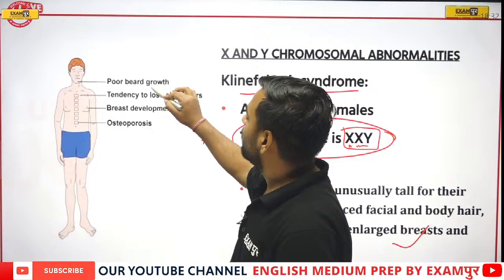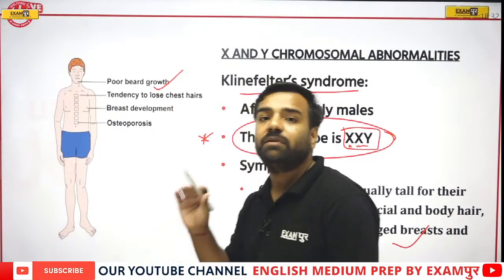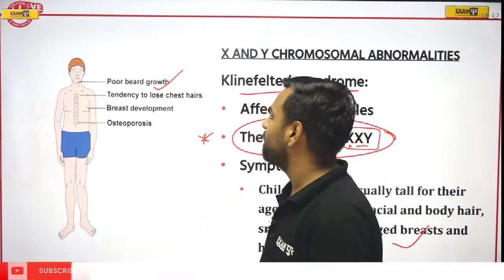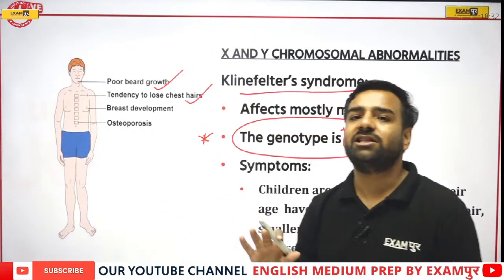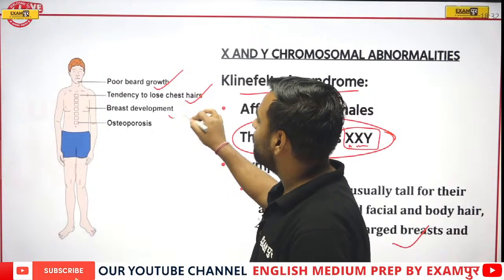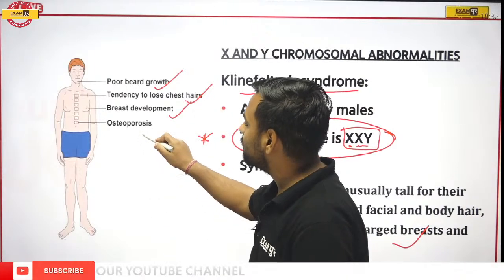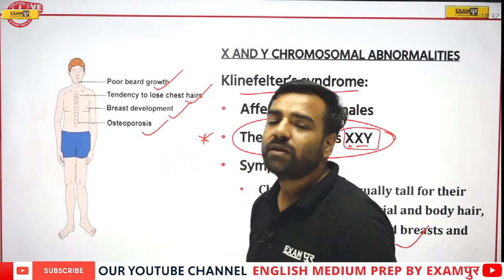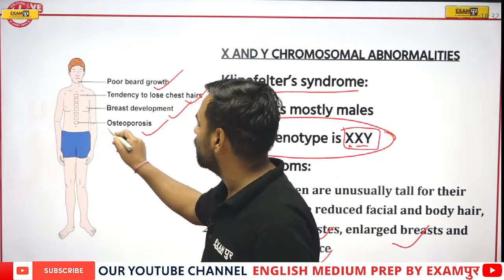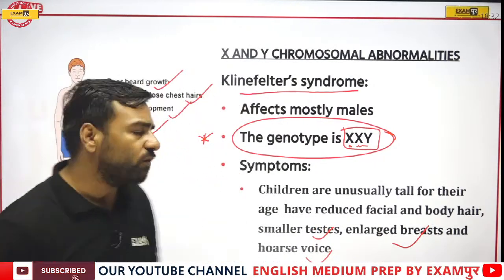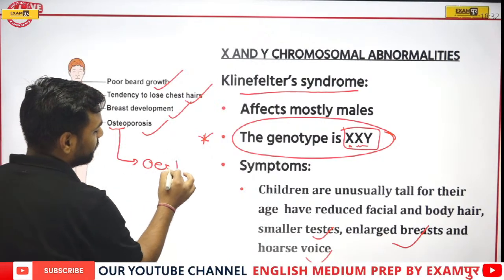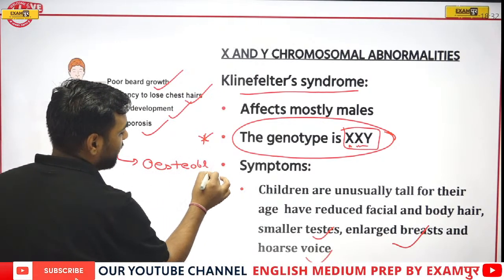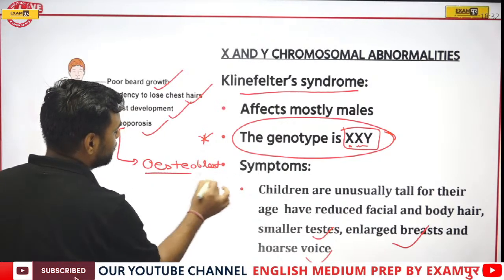Just have a look. Here there is poor beard growth, that is, the beard doesn't grow properly. Apart from that, they lose chest hair, there is less chest hair. Then breast development may take place. Then there is osteoporosis. What is osteo? This osteo word is actually related with the osteoblast cells, which are present in the bones.